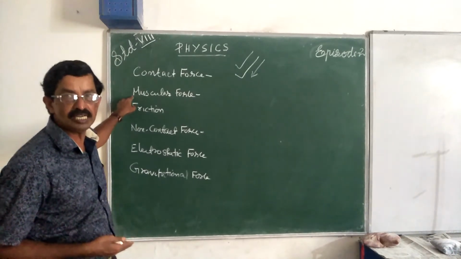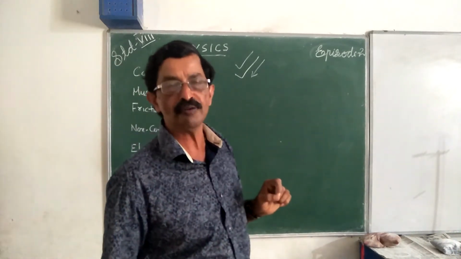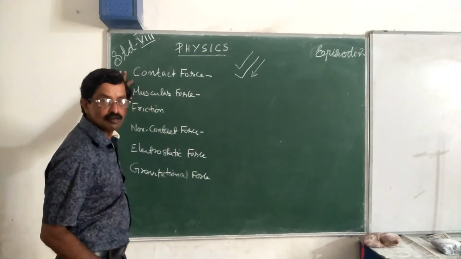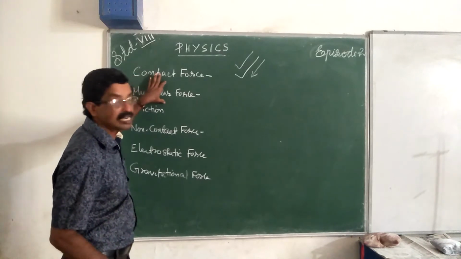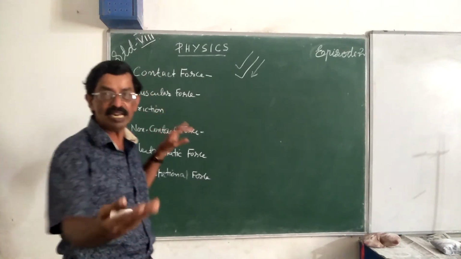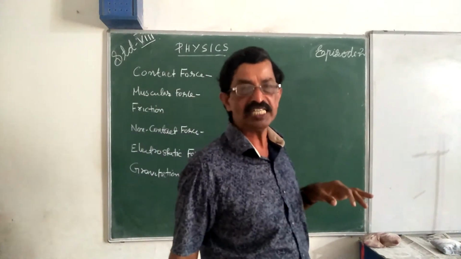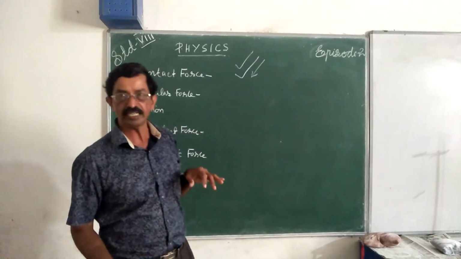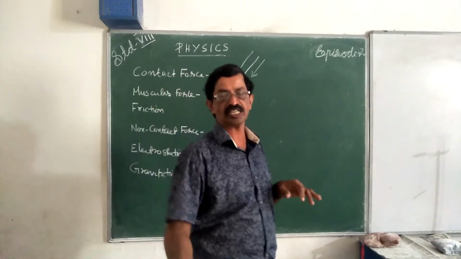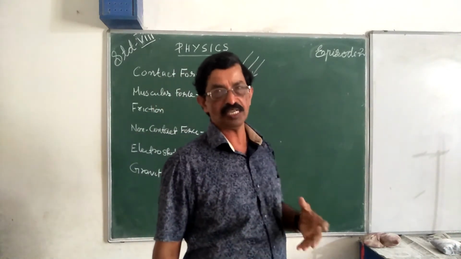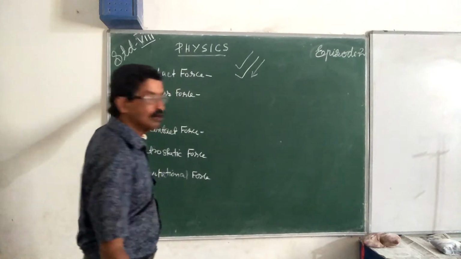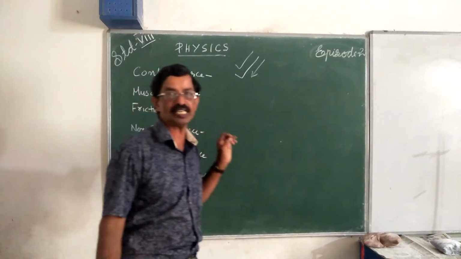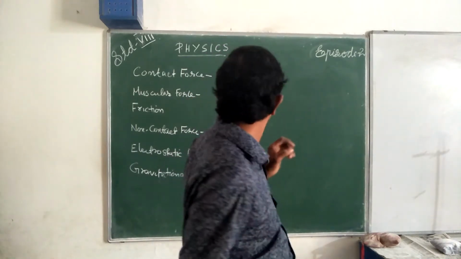Any kind of force which we exert with the help of our muscles is a muscular force. Animals can also exert muscular force, for example, bulls pulling a cart, or a horse pulling a cart. These are examples of muscular force exerted by animals.